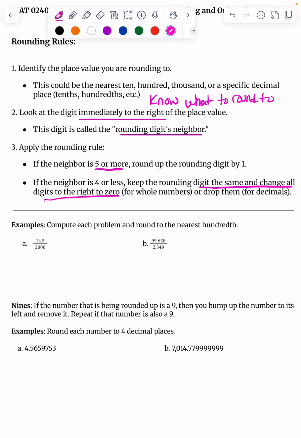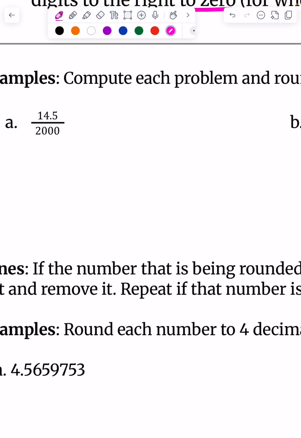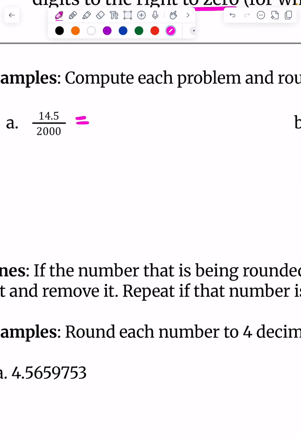So let's practice not just with a number, but actually computing an operation. If I compute 14.5 divided by 2,000, off to the side in Desmos, what I get is 0.00725.